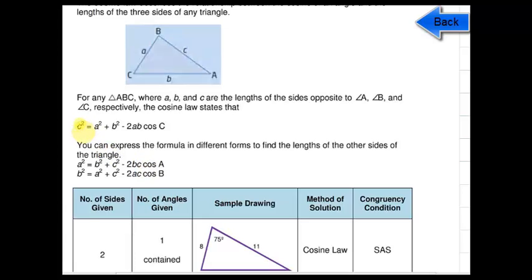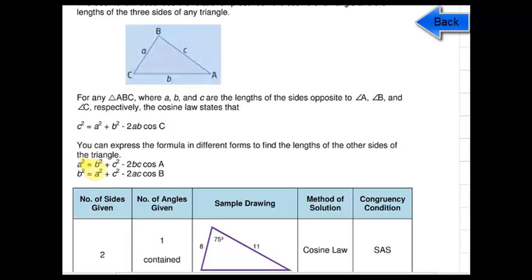If I'm looking for side C, then I'm going to square the other two sides and add them. So A squared plus B squared minus, and then A times B, which are my two other sides, multiplied together, times the cos of C, so the angle opposite the side that I'm looking for.